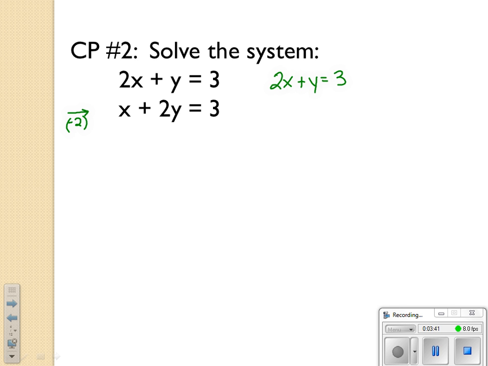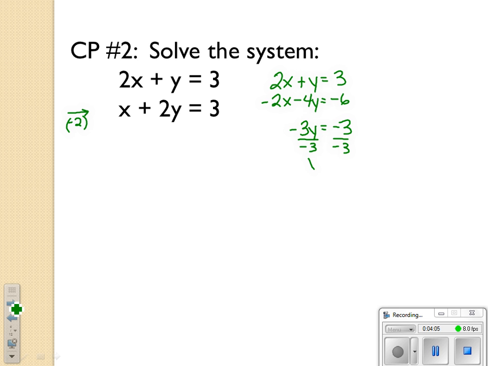Multiplying negative 2 through the other one, I get a negative 2x plus, whoops, not that. Negative 2 times 2y be negative 4y, sorry. And negative 2 times 3 is negative 6. Combining, negative 3y equals negative 3.